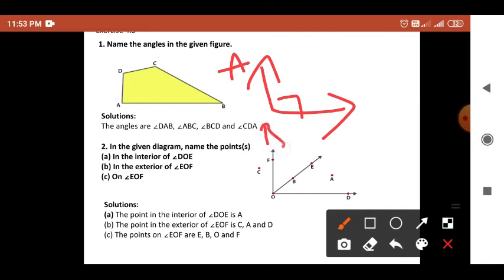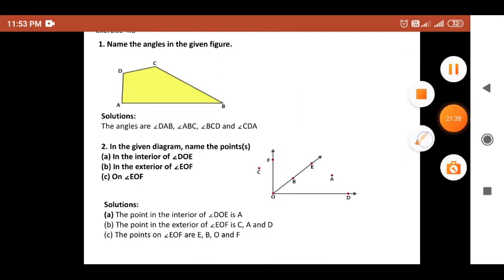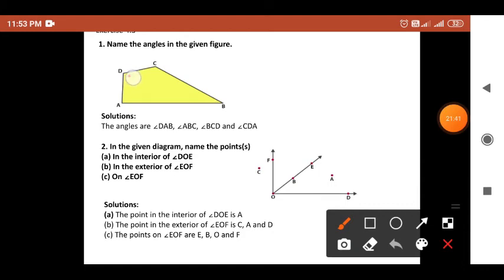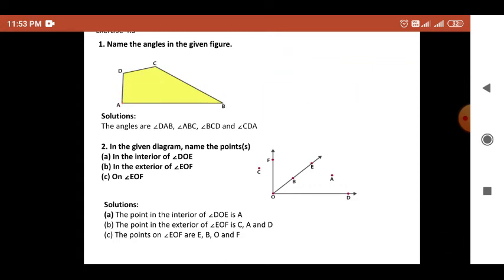So ABC, here you have to name this as ABC, not only B. Okay, so that is the reason you have to name like that. Here see, four angles are there in this figure: DAB, ABC, BCD, CDA, and this is represented by using the symbol. Understood? It is an angle. By using that symbol you have to name the angle.